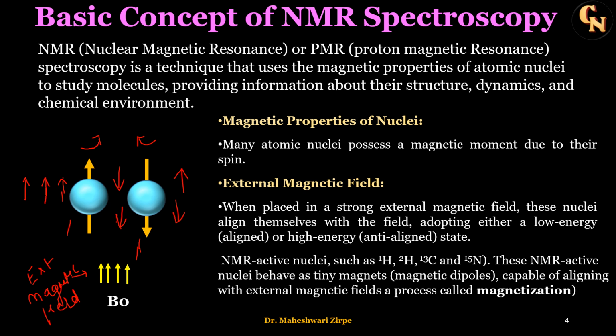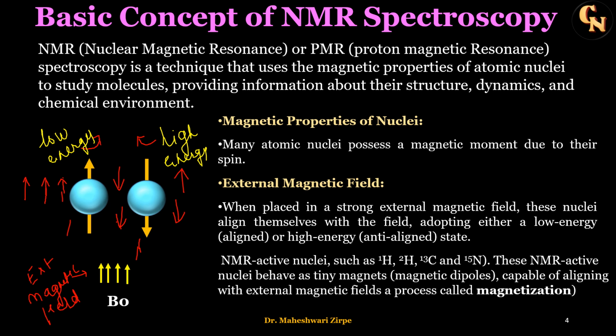When placed in the external magnetic field, these nuclei align themselves with the field, adopting either low energy, like this one, or, when opposing the external field, high energy, as it is opposing the direction of the external magnetic field.